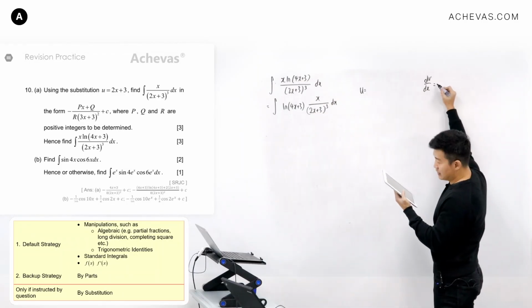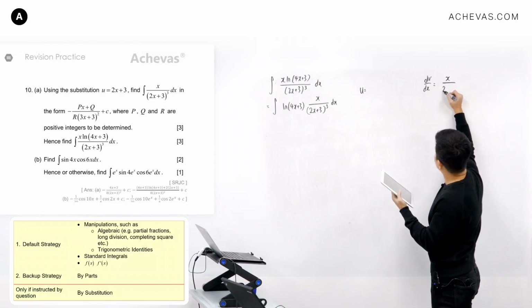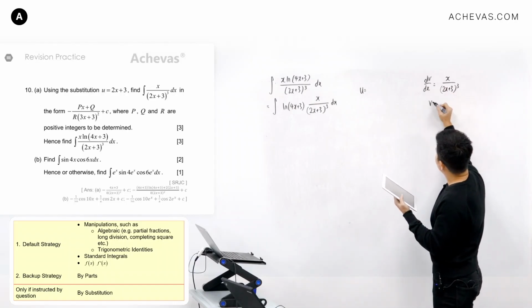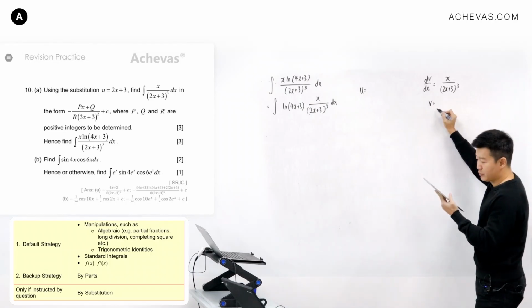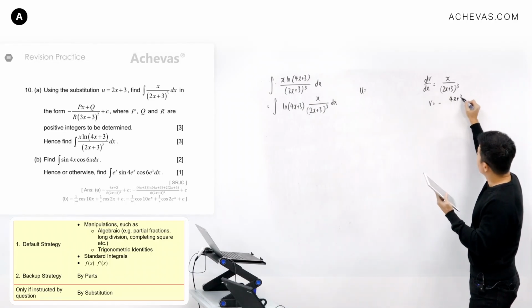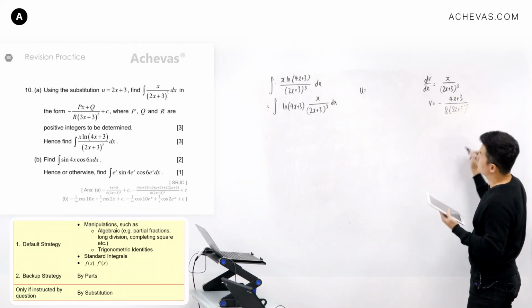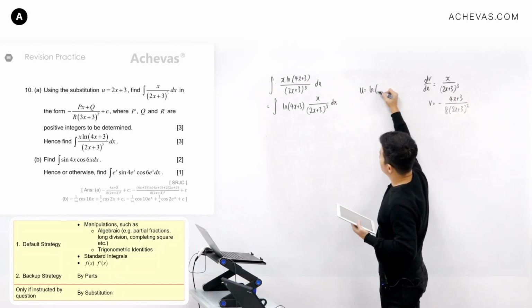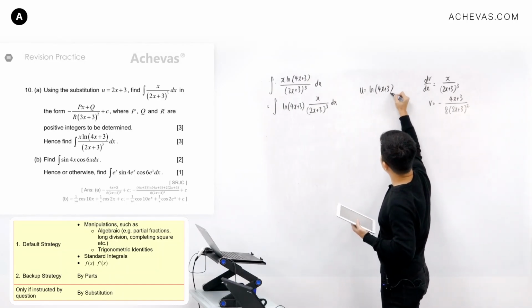So I'm going to let dv dx be x over (2x plus 3) cubed, where v is the result I've gotten in the previous part, which is equal to minus (4x plus 3) divided by 8 times (2x plus 3) squared. u is ln of (4x plus 3).